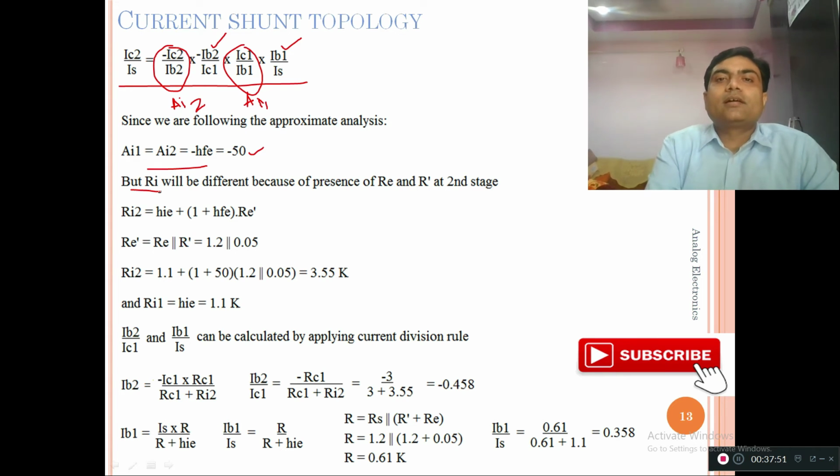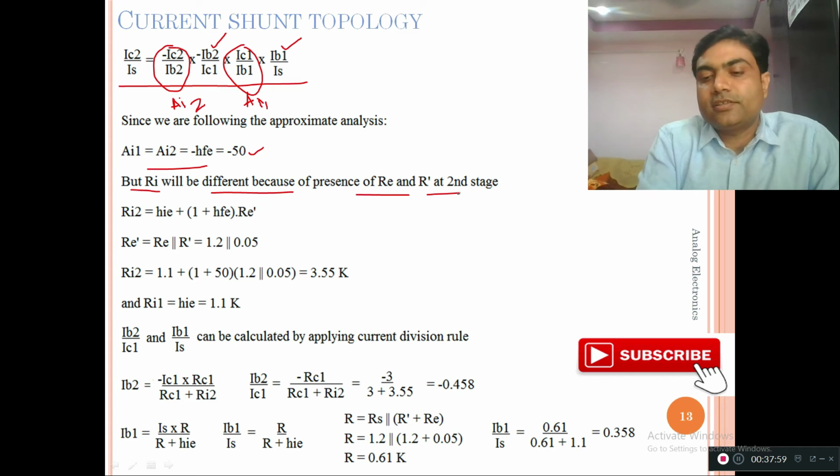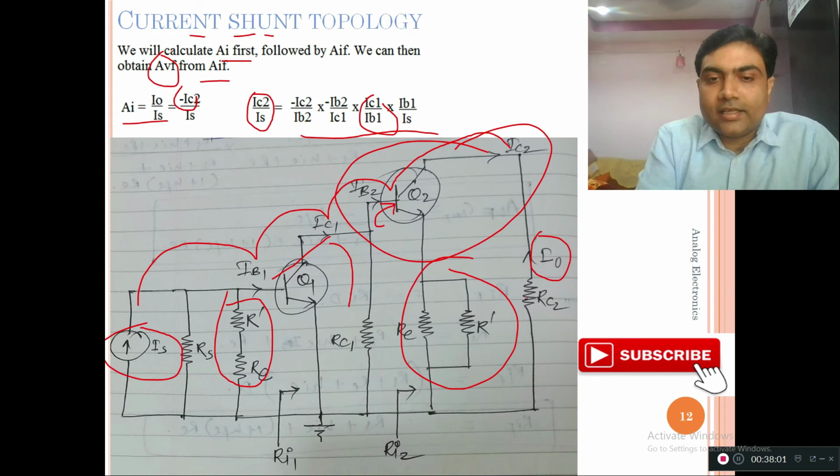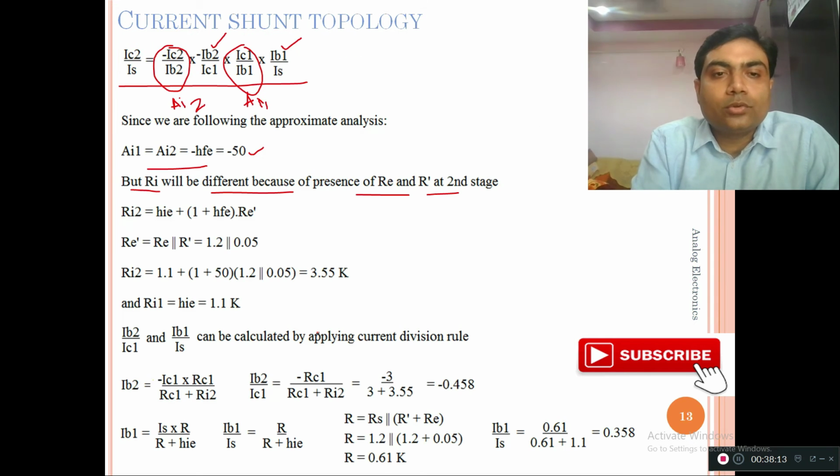We have seen that AI is going to be the same, but RI cannot be the same because of the presence of RE and R dash at the second stage. RE and R dash are present at the second stage, but there is no resistance present at the emitter leg of Q1 here. So RI will never be the same.